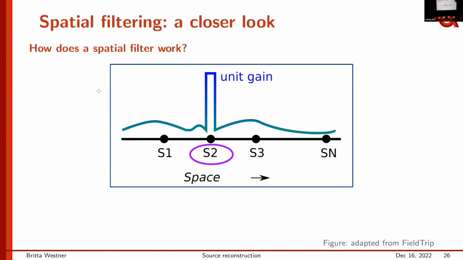Reality looks maybe more like this. And what that means is, because we can't get this 0 gain mathematically, we say, okay, we can't get 0 gain, but then let's minimize the variance across all source points that are not the one we are looking at the moment as much as possible.